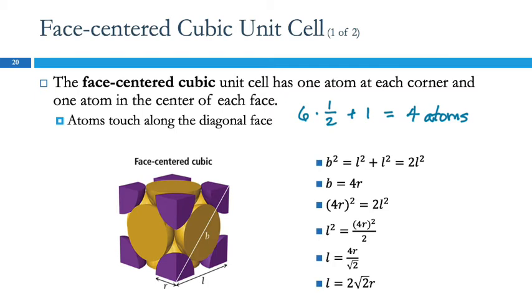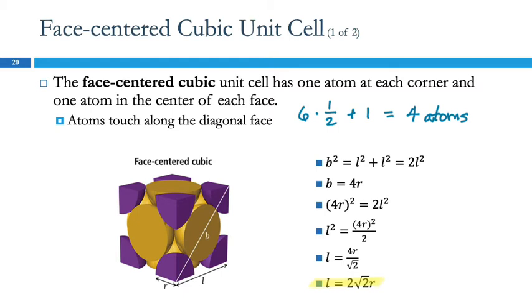Here they're touching along the diagonal face instead of from one corner of the cube to the opposite corner. So the math isn't quite as crazy, but bottom line is this guy down here. And I found that students misinterpret that sometimes. The R is not under the square root.